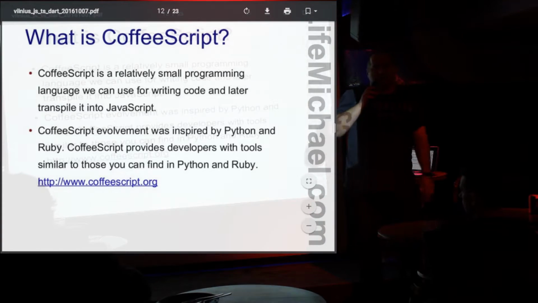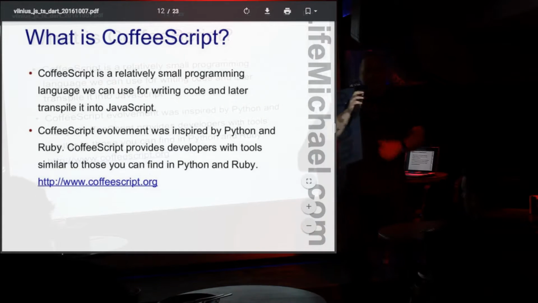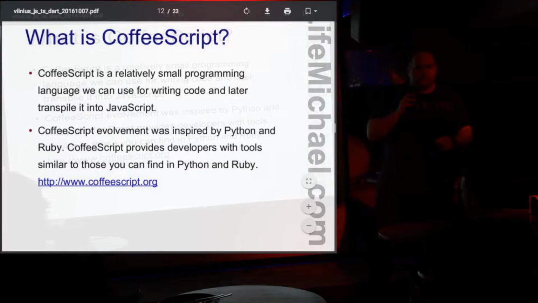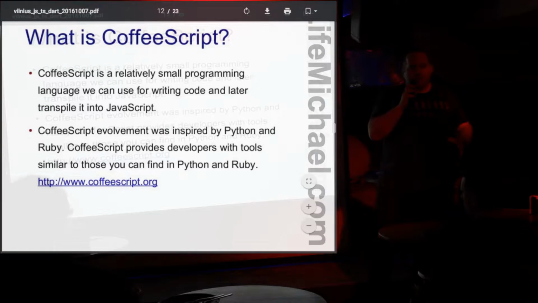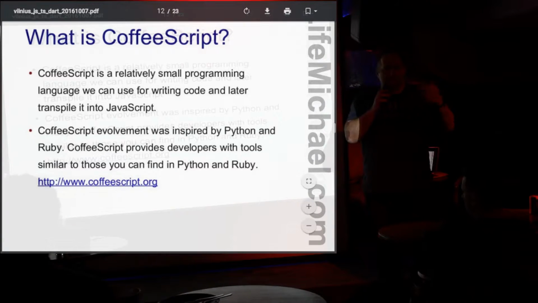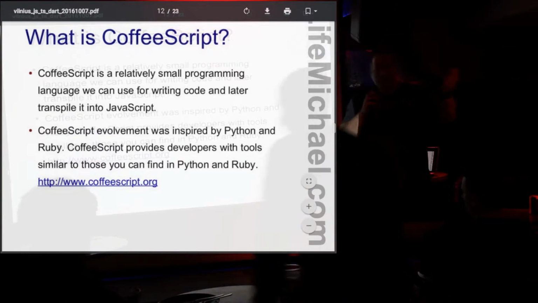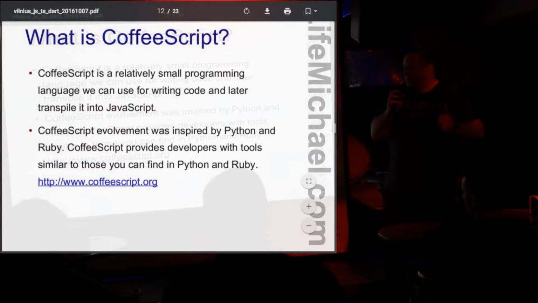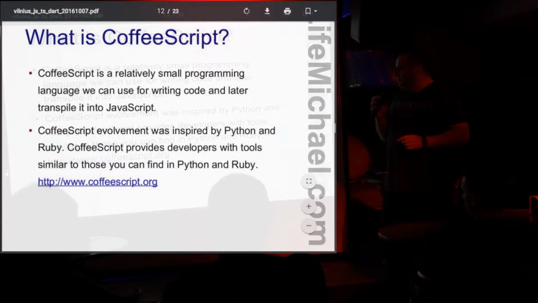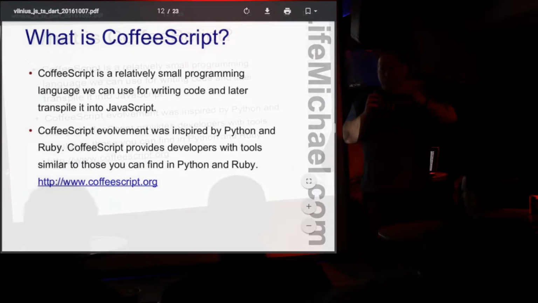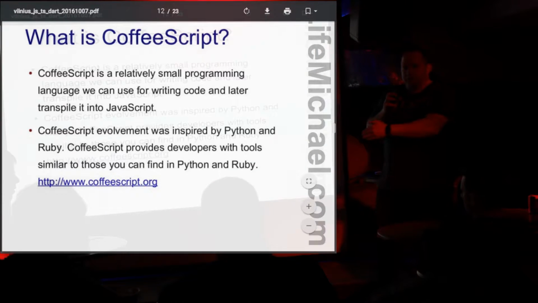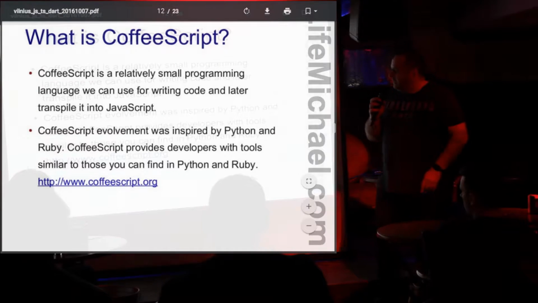Now, a few words about CoffeeScript. I chose to mention CoffeeScript as a representative of many other programming languages we can use to write our code and transpile into JavaScript, like CoffeeScript, Scala.js, and many others. CoffeeScript is fairly simple when it comes to going over its capabilities, and we will see that in a moment.